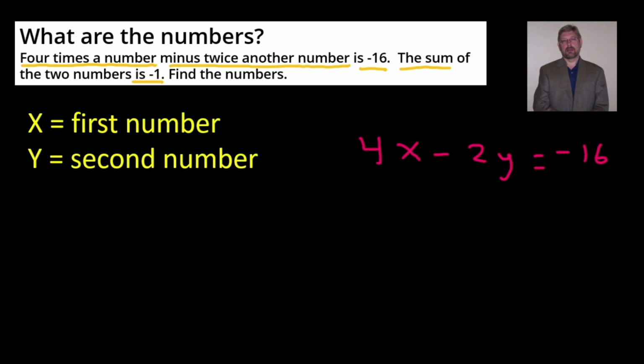And the second equation, we have x plus y is equal to negative 1. So all we have to do now is to solve both equations. What common value of x and what common value of y in both equations will make them both true?